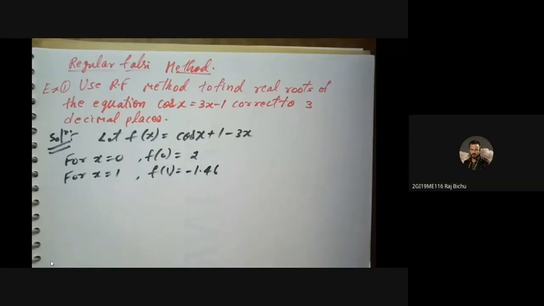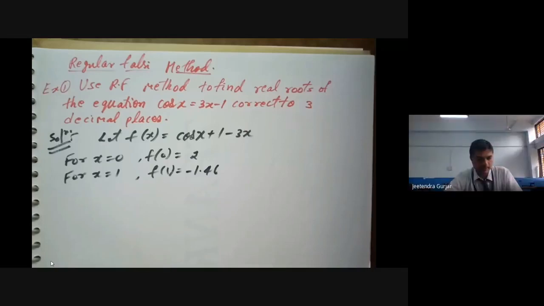But we are using radians, no? Then the answer in radian is also 1. Just check. I will put it in degrees. Cos 0 is 1. See, shift mode 4. Then cos 0, it is 1 only.